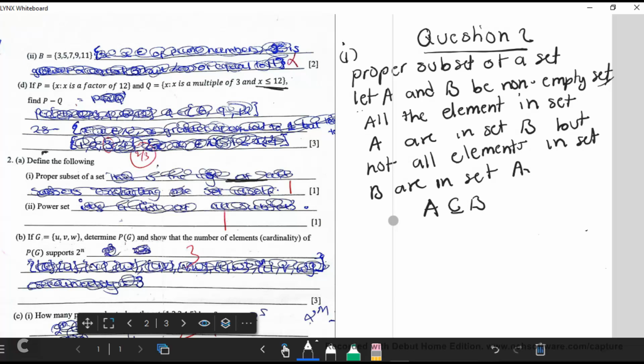Of B. So that is how you define the proper subset.